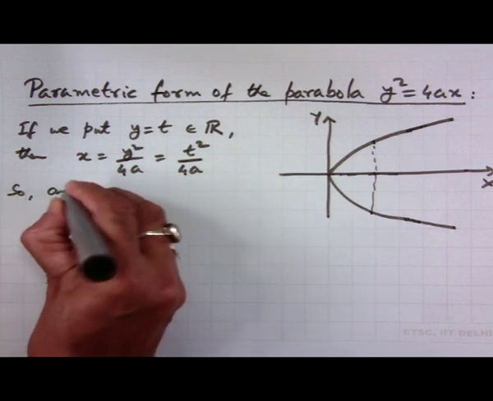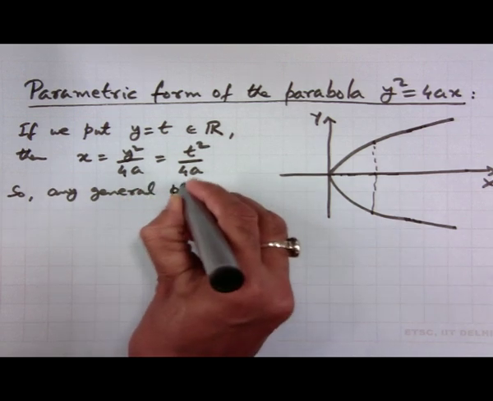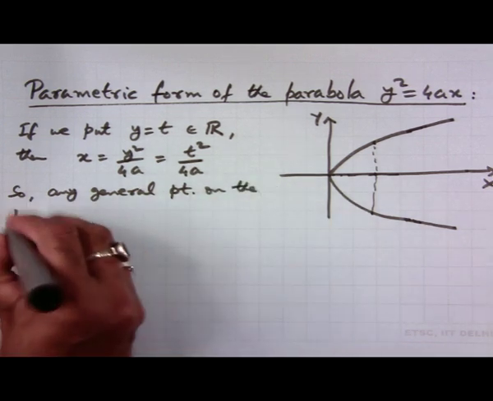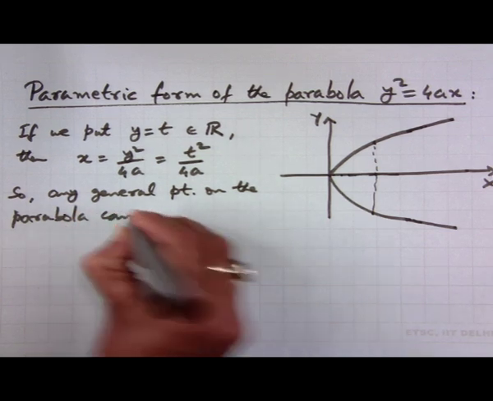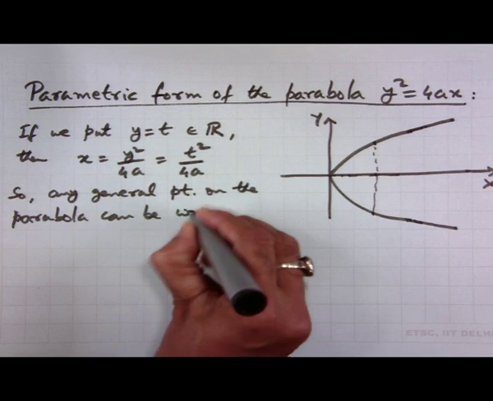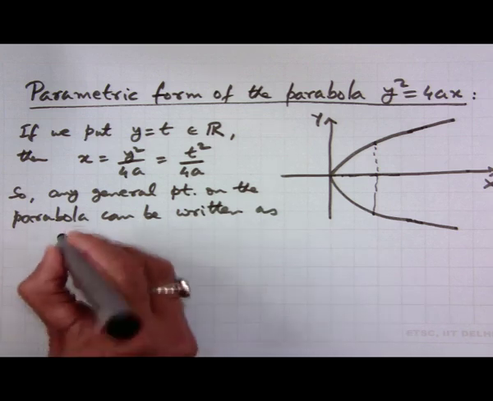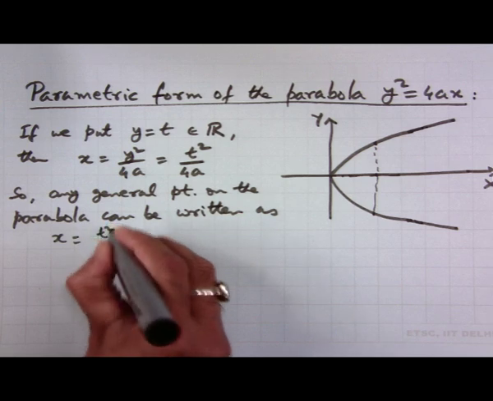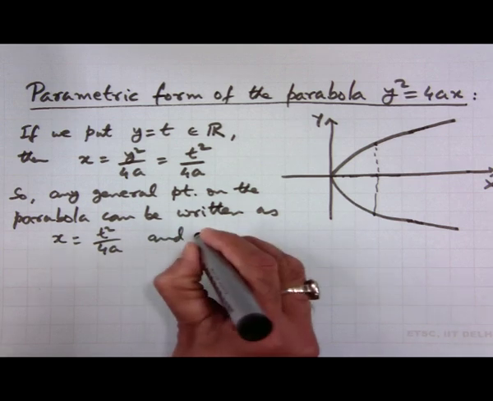So any general point on the parabola can be written as x is t square by 4 a and y is t.